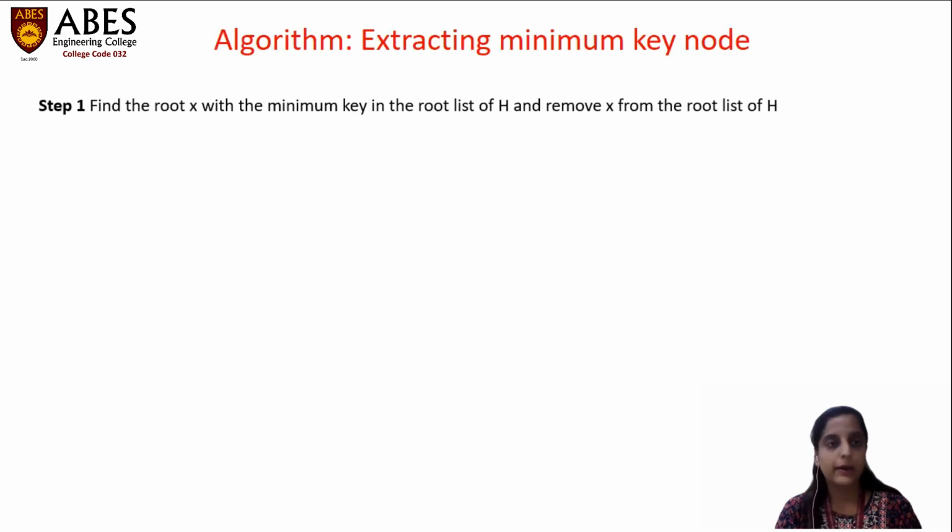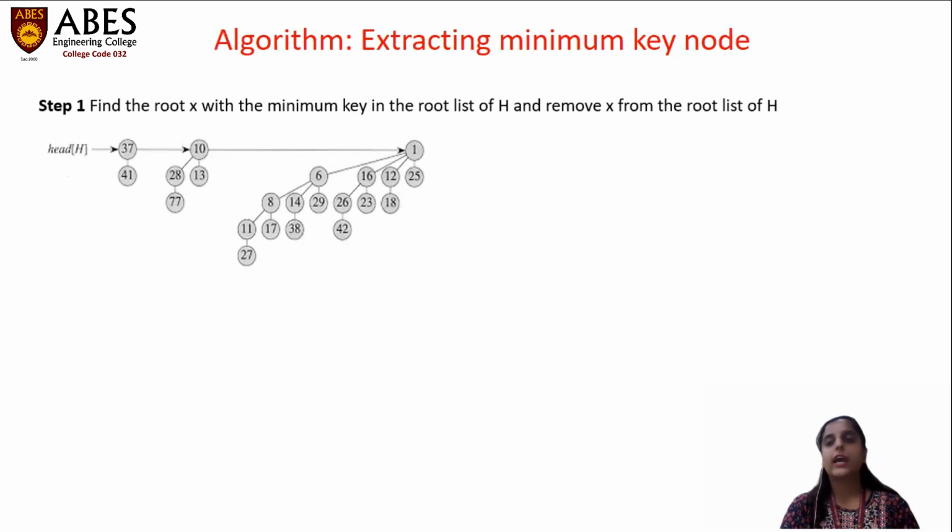So as you can see here, the first line is saying: find the root x with the minimum key in the root list of h and remove x from the root list of h. What does this statement mean? For example, if we have this binomial heap and I want to extract the minimum element from it, before extraction I have to run the algorithm to find the minimum element.